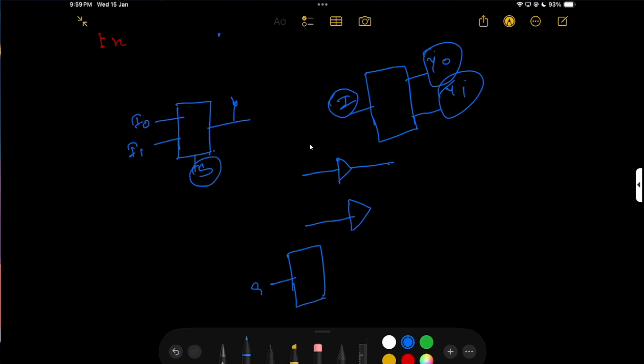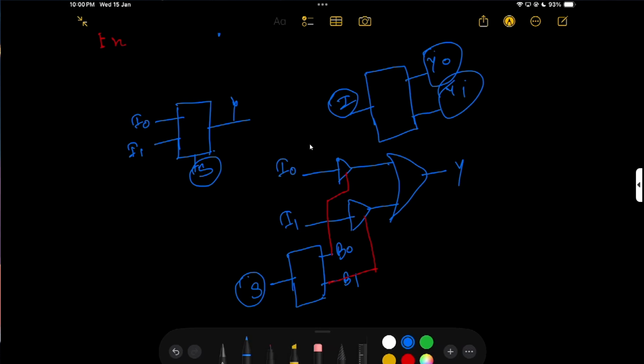The decoder outputs B0 and B1: this B1 goes to this buffer's enable input, and this B0 goes to the other. The buffer inputs are I0 and I1, and here you just OR the outputs, and this is your Y. So basically that's the way you can make it.